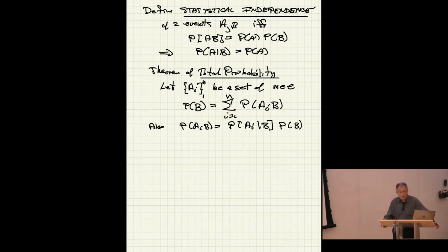From the definition of conditional probability. P of A_i given B is P of A_i and B divided by P of B, which can be written the other way as well. That's equal to the probability of B given A_i times the probability of A_i itself.